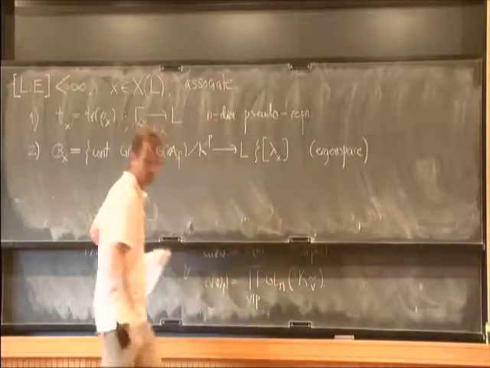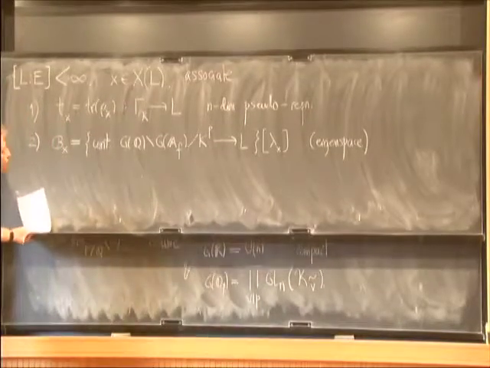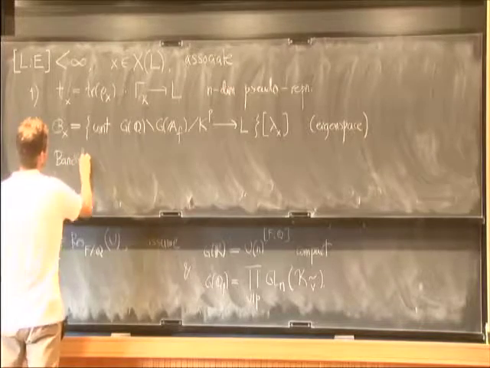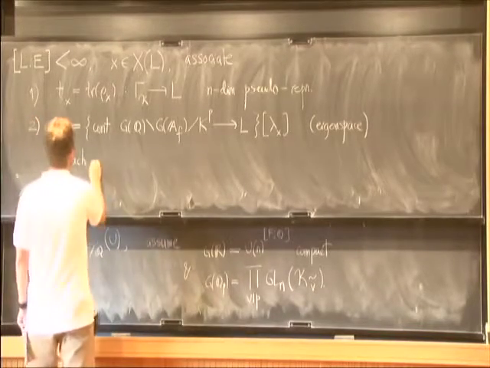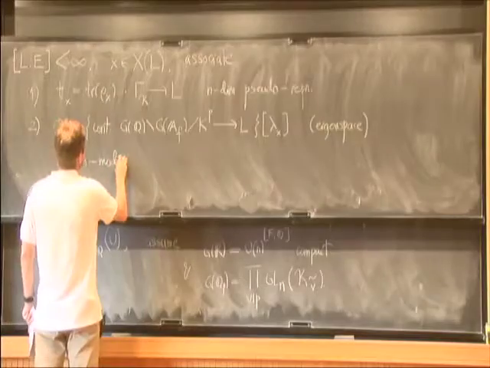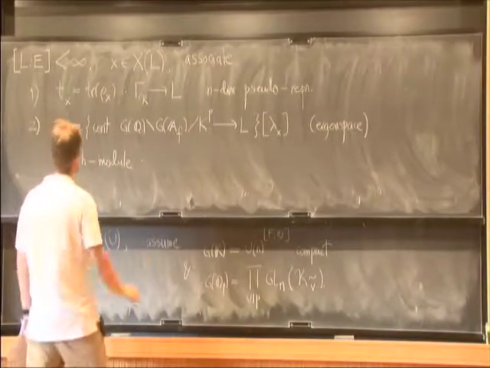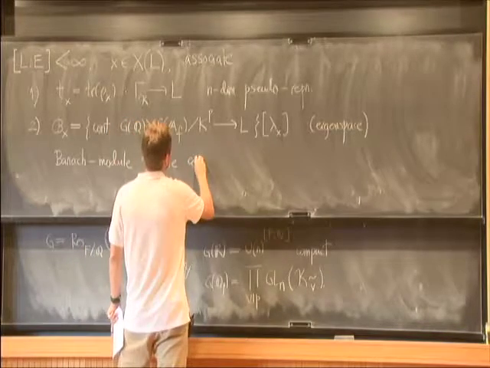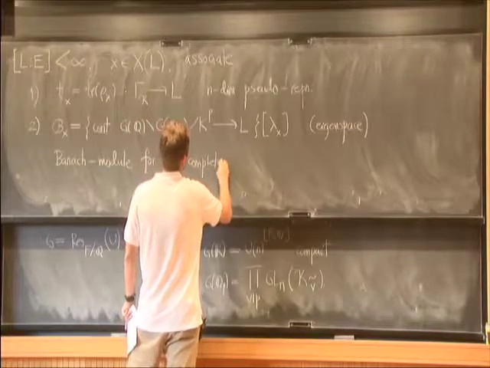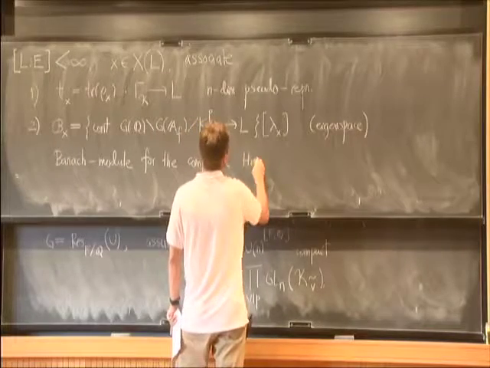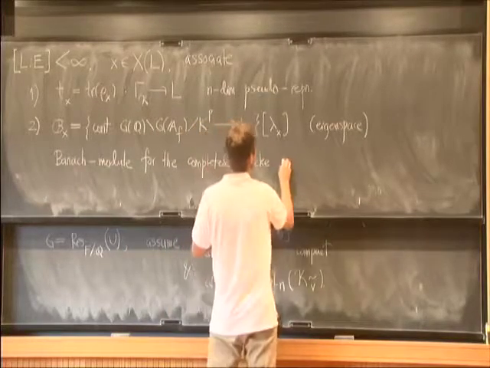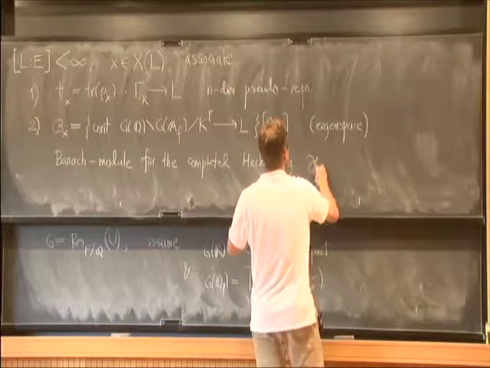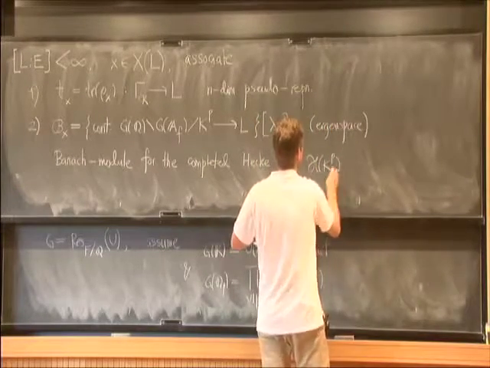Okay. So this is a Banach space, and it's a lot more than that. It's a Banach module for the completed Hecke algebra. I'm going to call it H Kp hat.